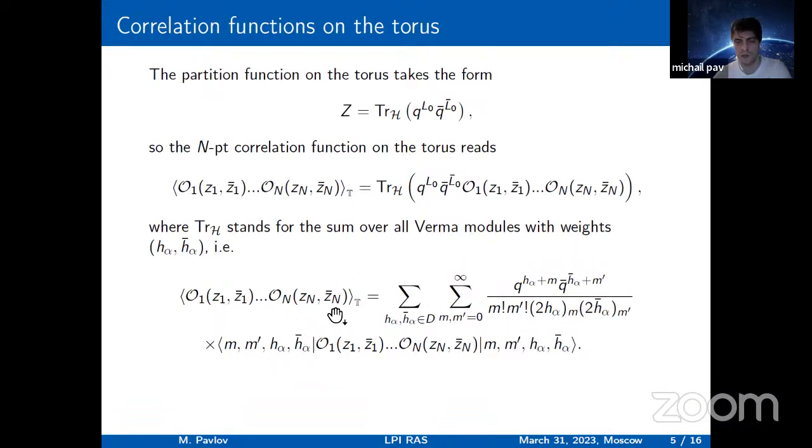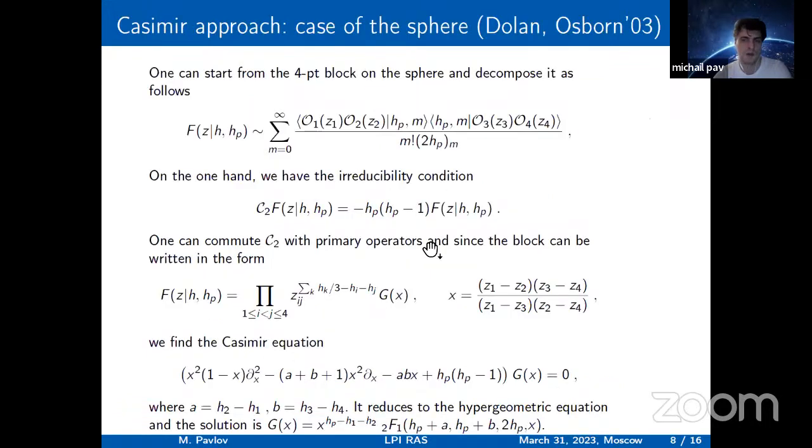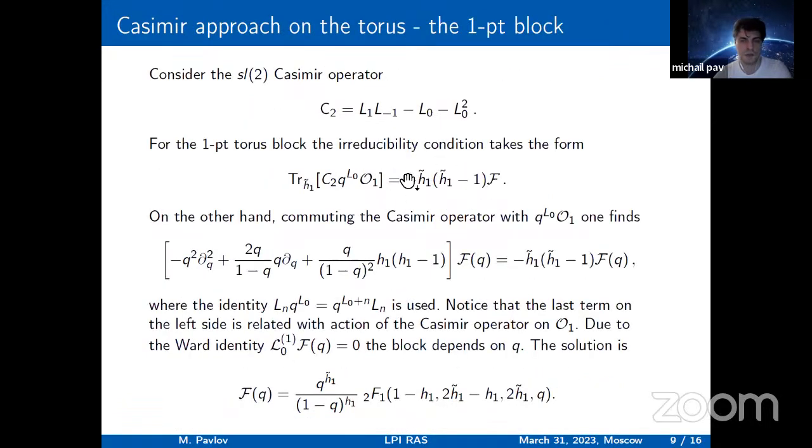So if we insert the Casimir operator next to this bracket and act on this, we just obtain the eigenvalue of this operator. And the only thing that we should do in order to derive the equation is to realize this Casimir operator as a differential operator in terms of the modular parameter.